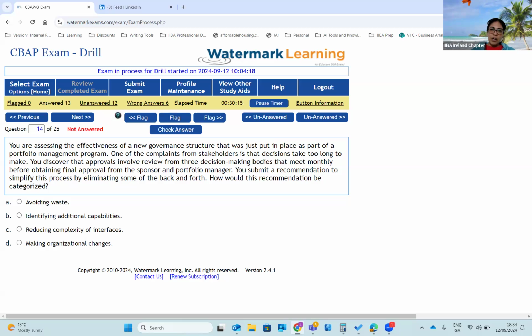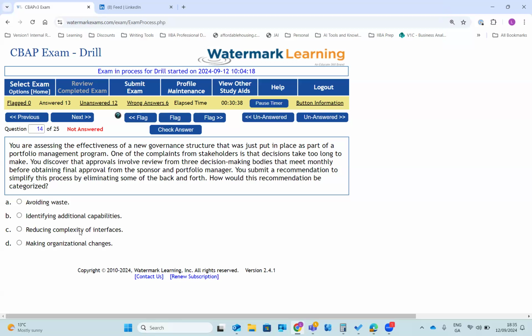You submit a recommendation to simplify this process by eliminating some of the back and forth. How would this recommendation be categorized? Avoiding waste, identifying additional capabilities, reducing complexity of interfaces, or making organizational changes.